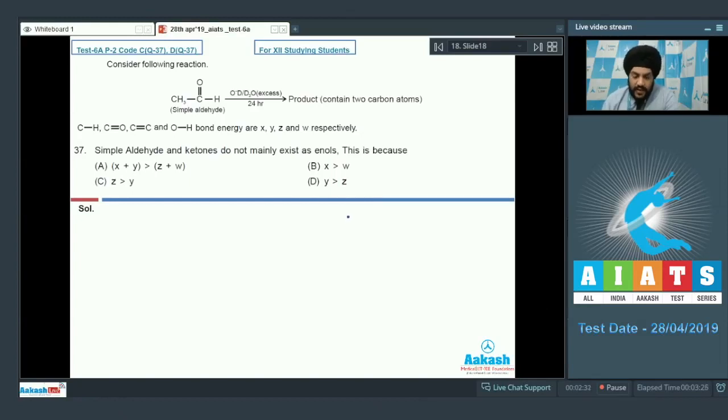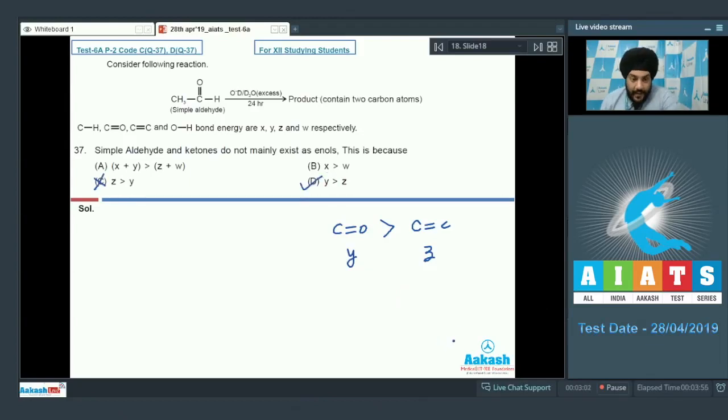This is because, if we talk about the bond energies which are given to us, students, we know that the C double bond O has a greater bond energy than C double bond C. So if we talk about the values, C double bond O is labeled by Y and the C double bond C is labeled by Z. So out of option C and option D, option C is incorrect while option D is correct.